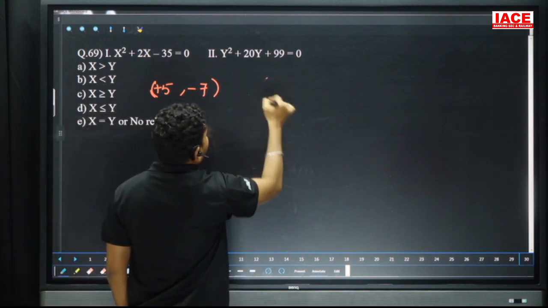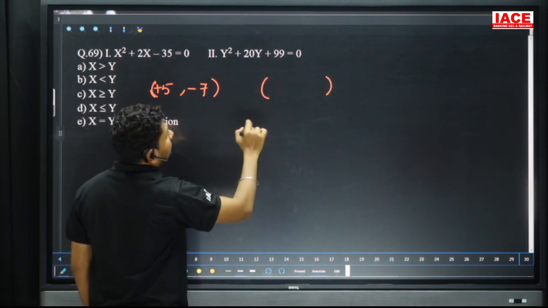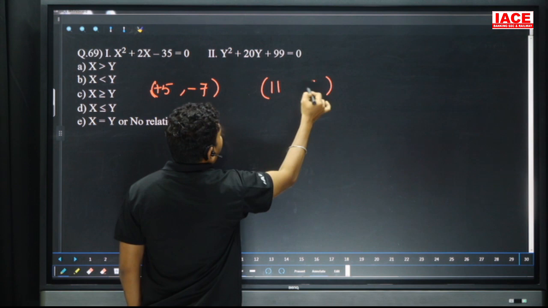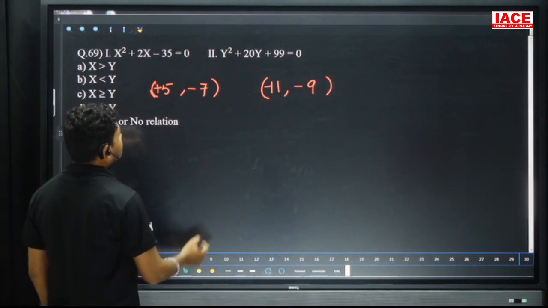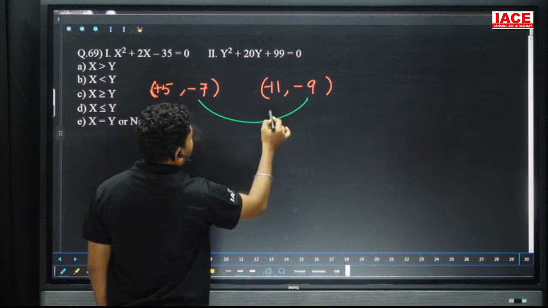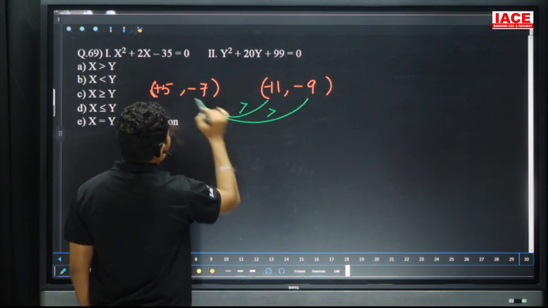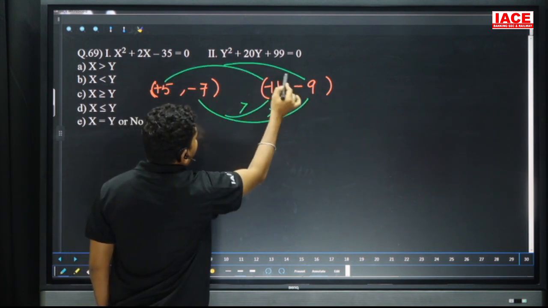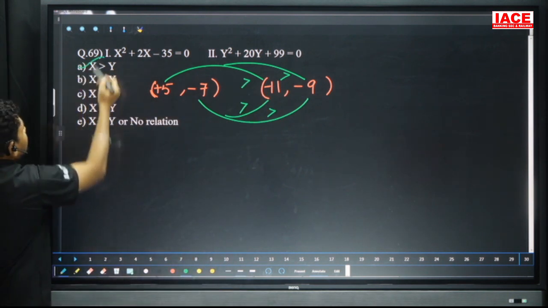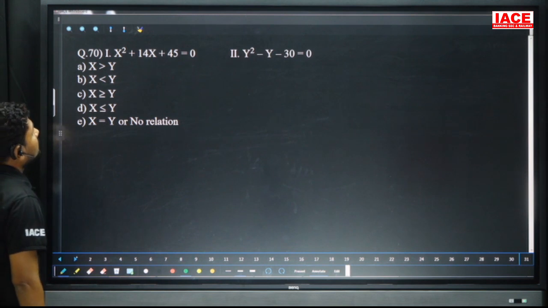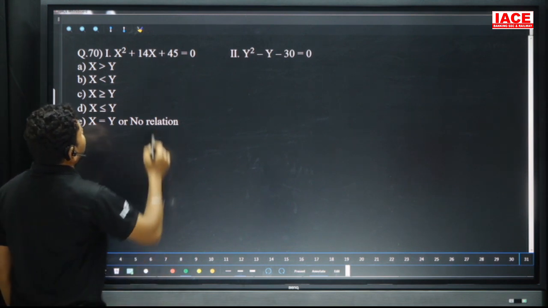And y square plus 18y plus 77 equals 0, both the factors will be negative. Here 11 and 7 are the factors. And comparing the results here, so minus 7 to minus 9, minus 7 is bigger, and minus 7 is bigger. Comparing to positive, negative values are always smaller. Then x greater than y. Our option is A.